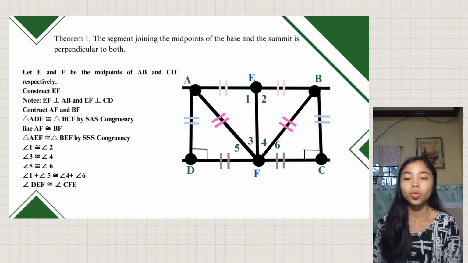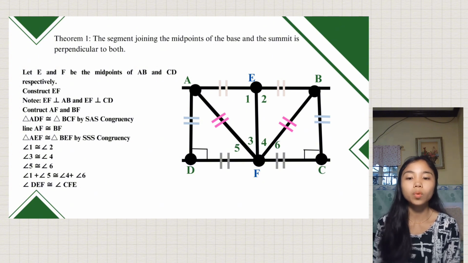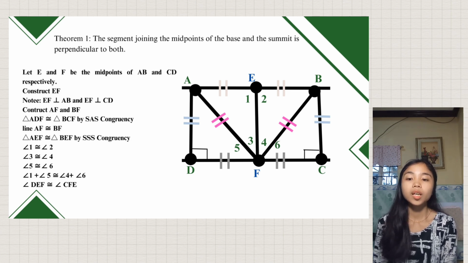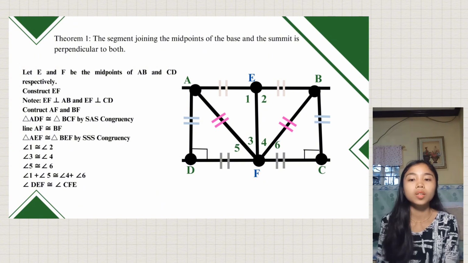Angle 1 is congruent to angle 2, angle 3 is congruent to angle 4, and angle 5 is congruent to angle 6, and angle 1 plus angle 6 is equal to angle 4 plus angle 6. And lastly, angle DEF is congruent to angle CFE. So theorem 1 exists, right?